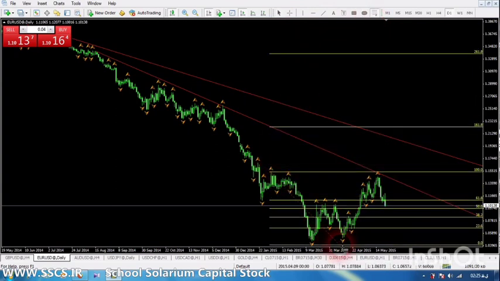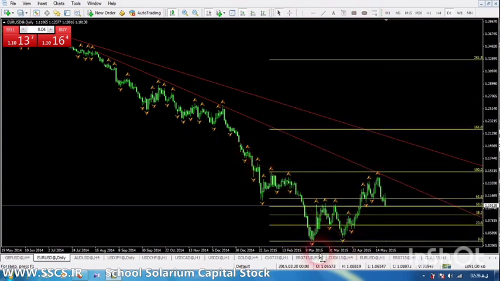The previous Fibonacci was this, from this swing high to this one. So when the 61 level is broken, I can expect a 78 and 89 level, but I'm going to talk about those levels in the future.